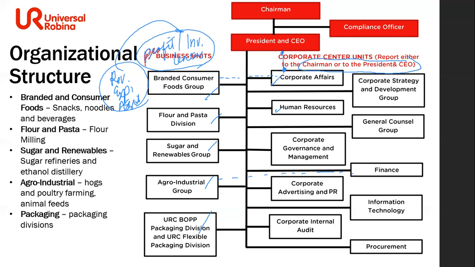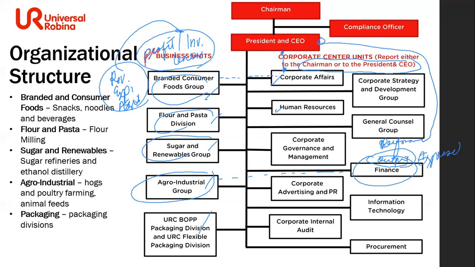Right? So yung output ng finance referring to the business units. Pero yung input, yung performance niya, accountable to the president and CEO. So that's something, that's a responsibility center design. No? In effect, finance here is an expense center. Yung input niya, cost, yung output niya, undefined. Or mahirap i-define or i-establish yung relationship.